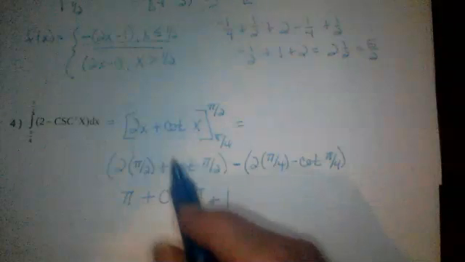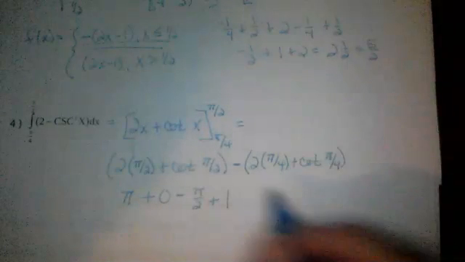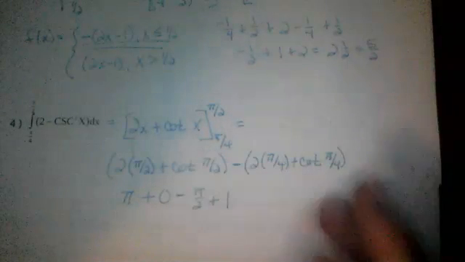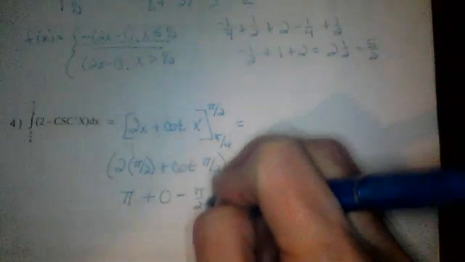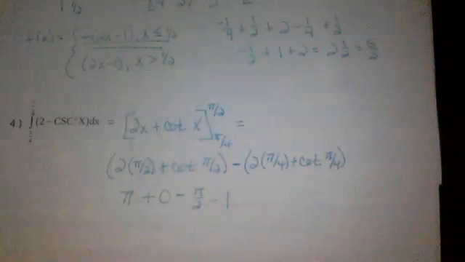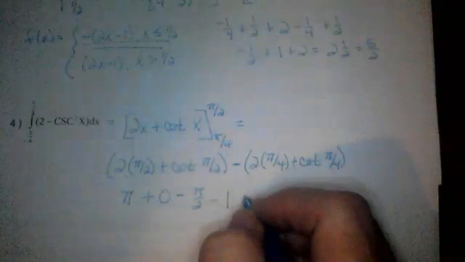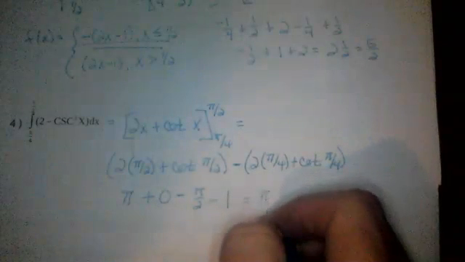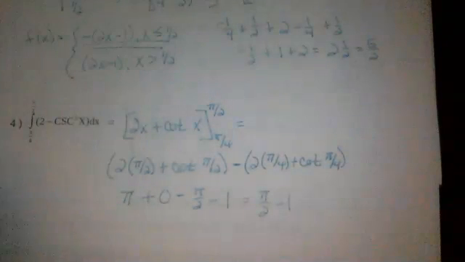Did I do that right? Oh, that was supposed to be a plus right there. So this is going to be a minus 1. All right, so pi minus pi halves is pi halves, so we just have pi halves minus 1.